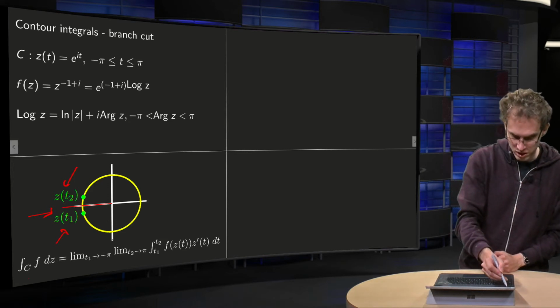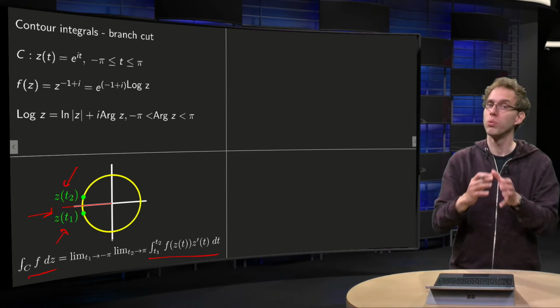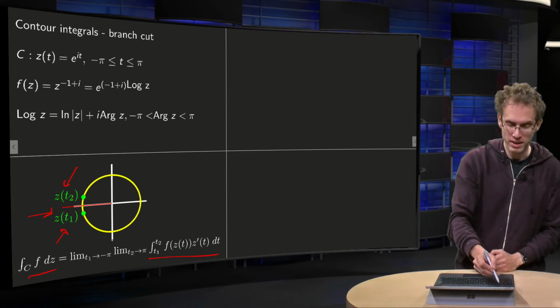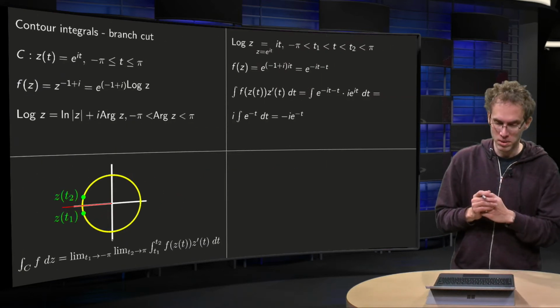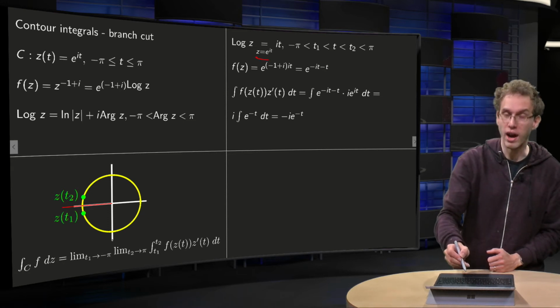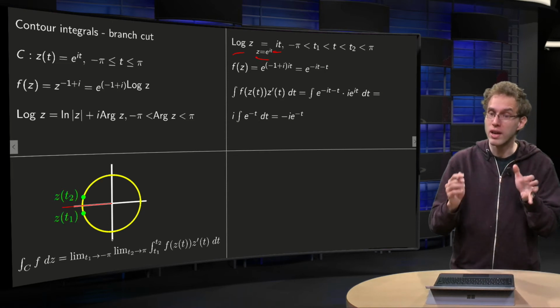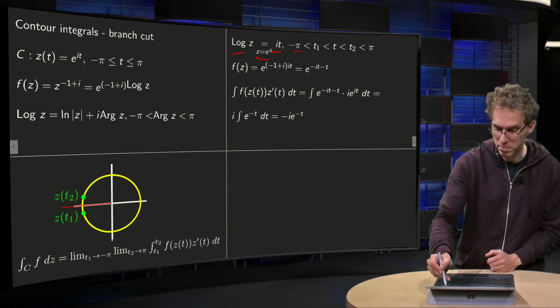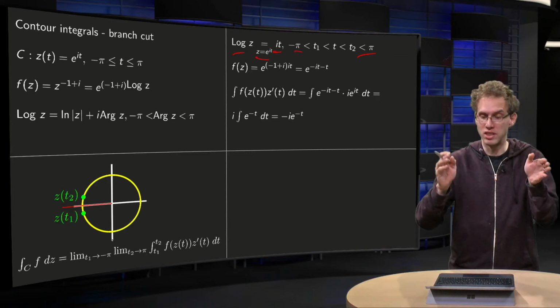Well, how does it work? So here we have our strategy. We take the integral from t1 to t2, where everything is nice, and then in the last step the limits. So if we have z equals e to the power it, the log of z is just it, as long as you are really between minus pi and pi, which is now the case because our t is between t1 and t2.